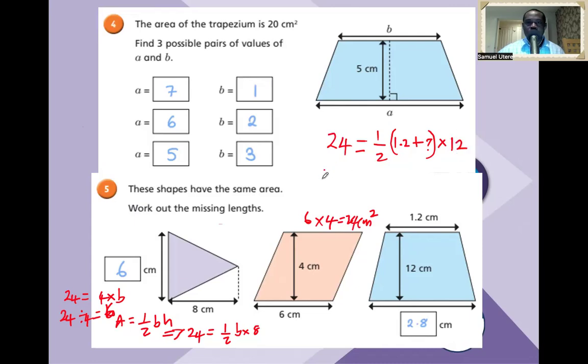So let's keep going. 24 will be equal to half of 12, which is 6. So we have 6 times something in brackets: 1.2 plus something we don't know.